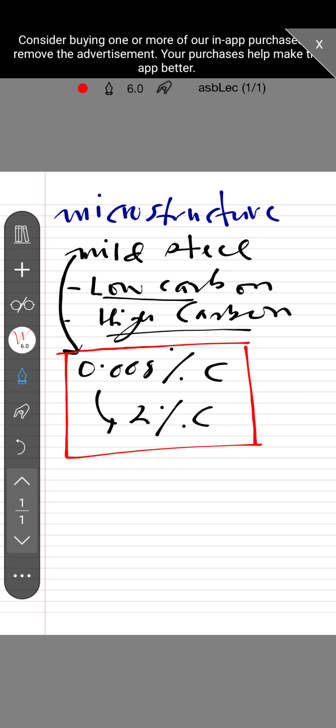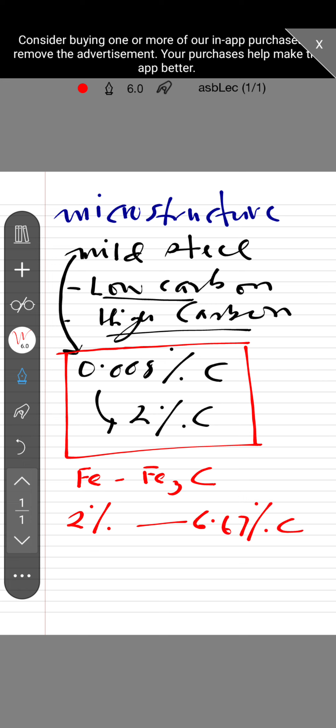In the Fe3C phase diagram, from 2% onwards they consider it cast iron. 6.67% of carbon is the end of the phase diagram. We cannot have anything beyond 6.67%.